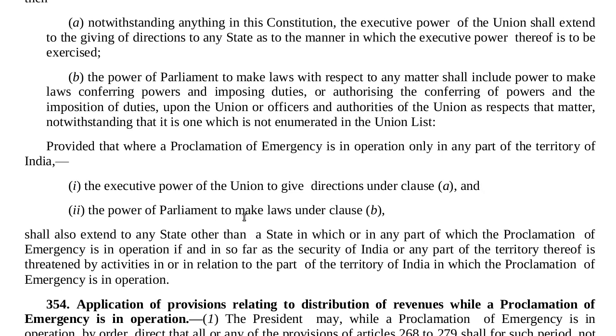The power of Parliament to make laws under clause B shall also extend to any state other than a state in which or in any part of which the proclamation of emergency is in operation, if and in so far as the security of India or any part of the territory thereof is threatened by activities in or in relation to the part of the territory of India in which the proclamation of emergency is in operation.